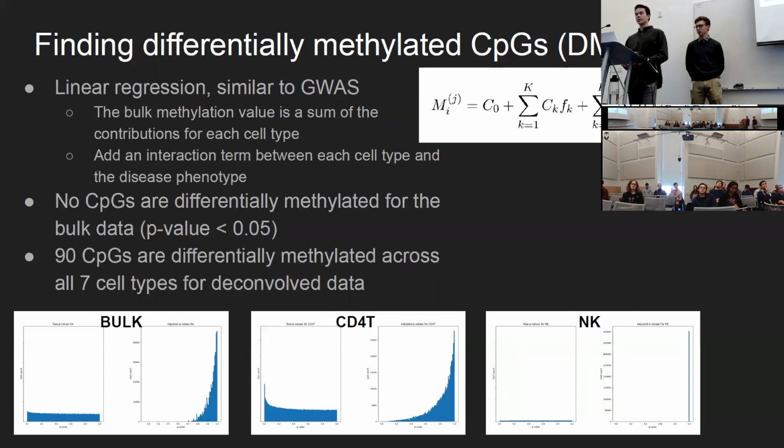If we do this analysis on only bulk data, we find that none of the CpG locations have statistically significant differential methylation. However, if we do deconvolution and use the 7 cell types from the previous slide, we find 90 CpGs that have genome-wide significance across all 7 of our cell types.